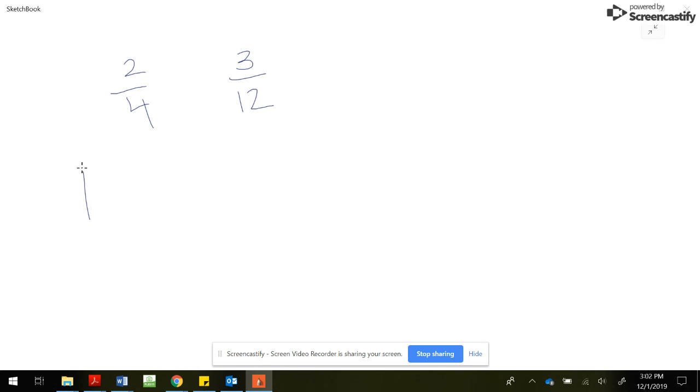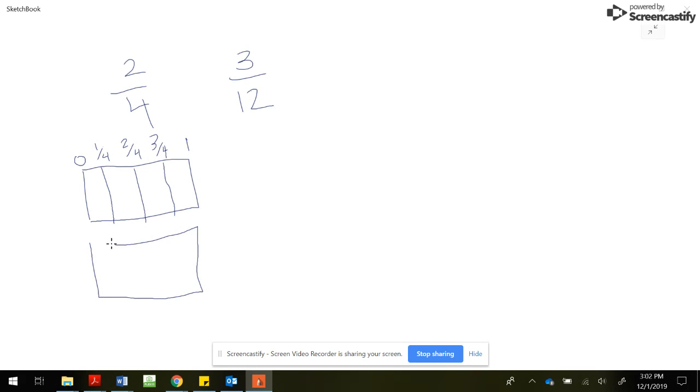Another way that we could do it is I could make a number line. If this is 0/4 and this is 1 whole, say 1/4, 2/4, 3/4, and then down here in that same amount, and this is going to be squeezed in, if this is 0 and this is 1, trying to get to 12, I would do 1, 2, 3, 4, 5, 6, 7, 8, 9, 10, 11, 12.